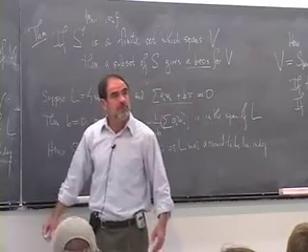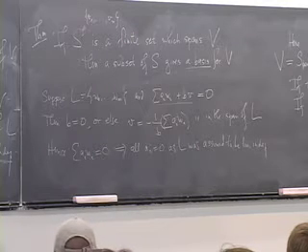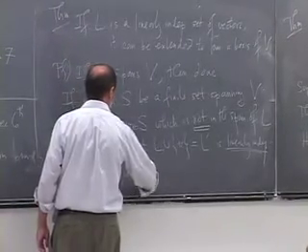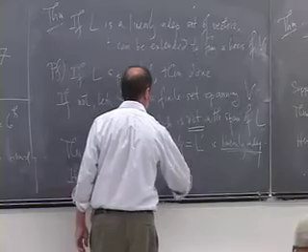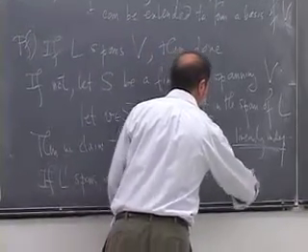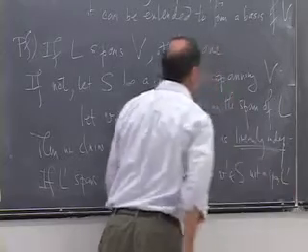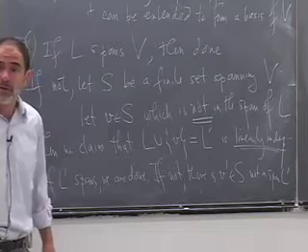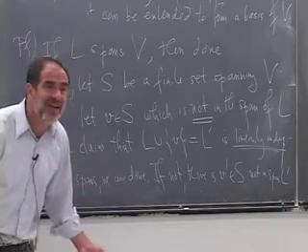Now, the next thing we ask is, if L prime spans, we are done. If not, there is a vector v prime in S, not in the span of L prime, by the same argument that we did before. And then if you adjoin that to L prime, you get a linearly independent set.